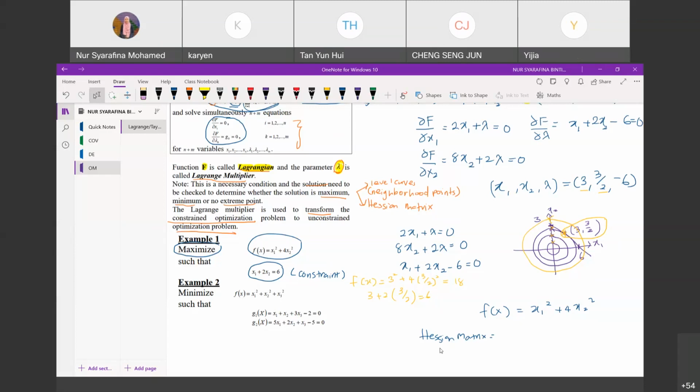Differentiate f with respect to x1 and x2, and it is 0. This one is x1 and x1, right?